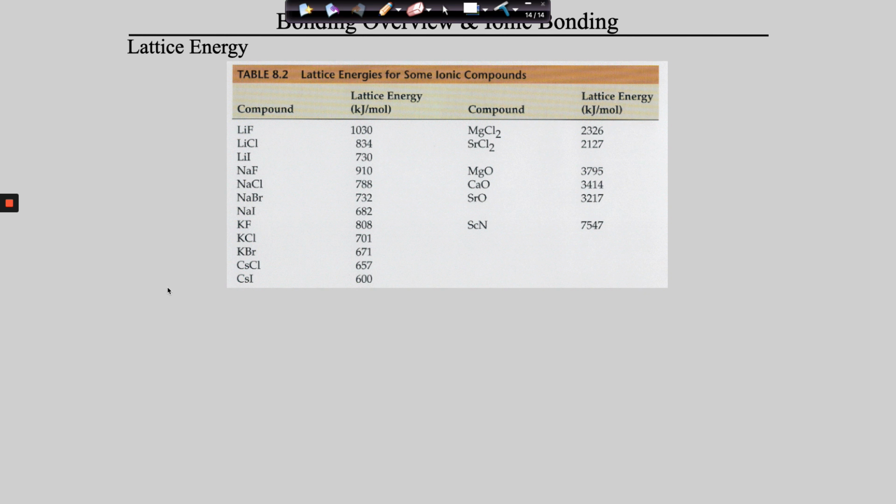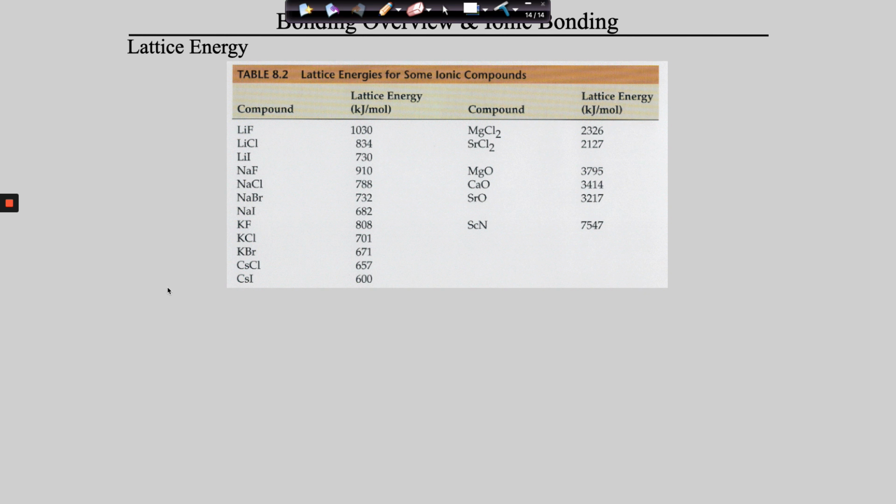Fundamentally, they're all wrong. Why? They should be negative, right? Because we understand that negative energy means exothermic. But guys, all of these numbers are positive. Do you understand that they should be negative? Lattice energy is exothermic. So why are they positive?